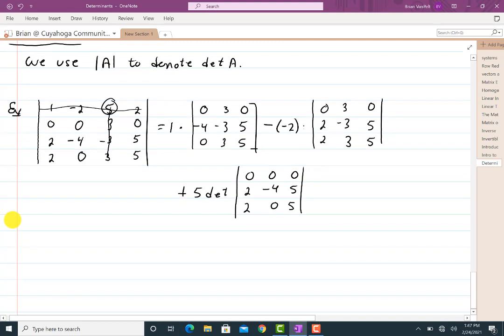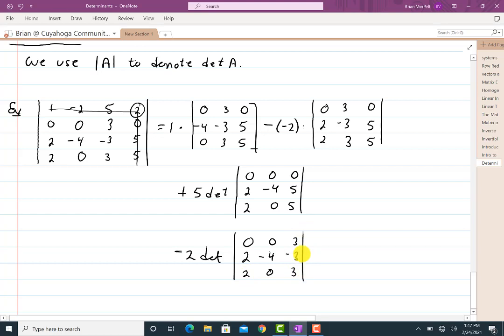And then finally alternate the sign again, minus 2 times the determinant. So I will take the 2, mark its column and row, and what's left over? 0, 0, 3, 2, negative 4, negative 3, 2, 0, 3.